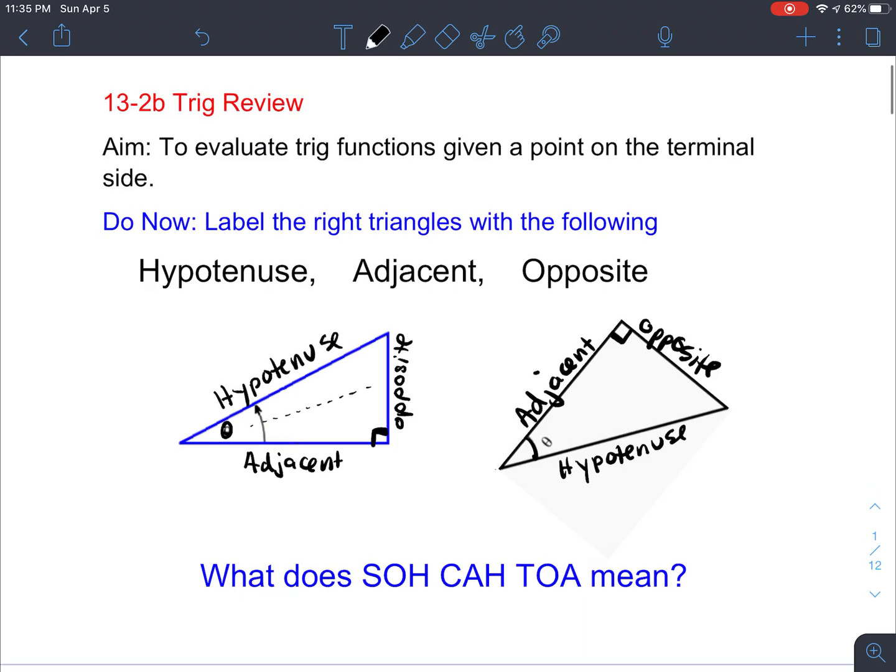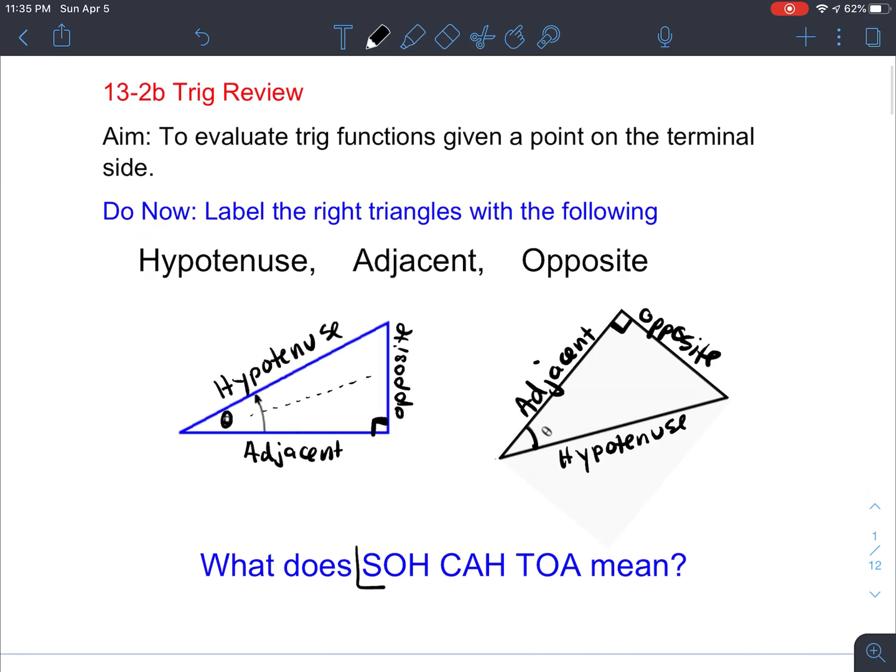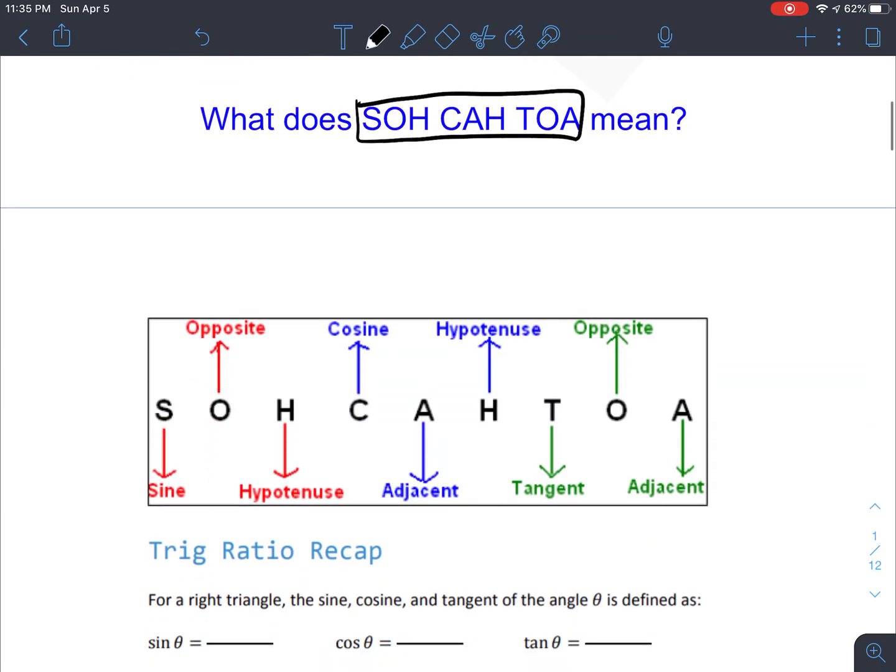Okay, so these three names you need to be able to label in order to do everything we need to do with trig. So hopefully, as a review, let's try to remember what SOHCAHTOA means. What does SOHCAHTOA tell us? Well, this is just a trick or a way to help us remember the three primary trig functions and their relationships within the right triangle. We have three main trig functions: sine, cosine, and tangent.